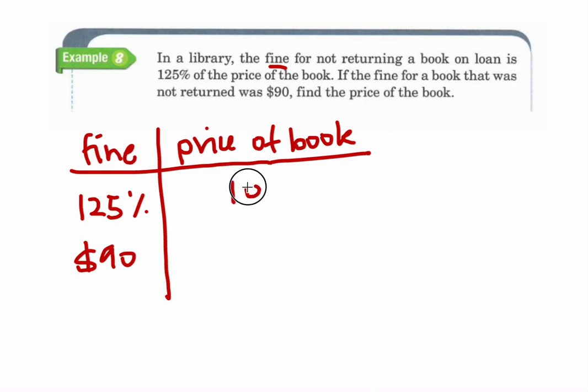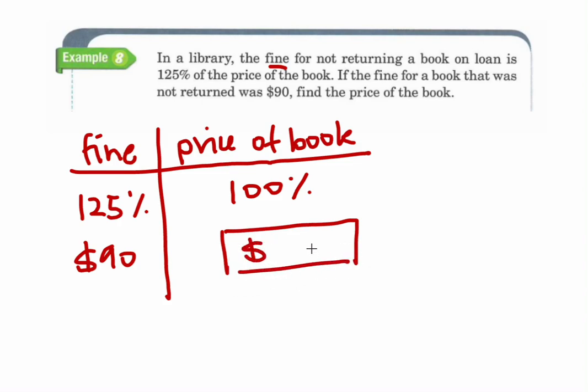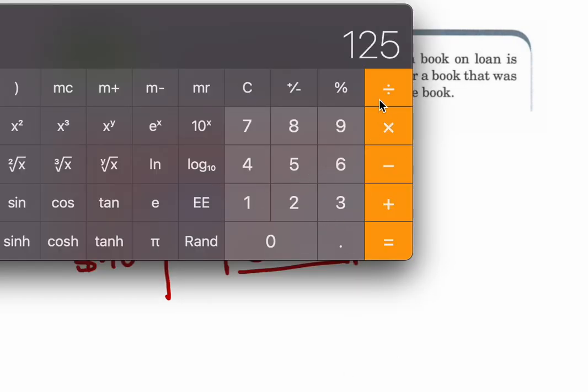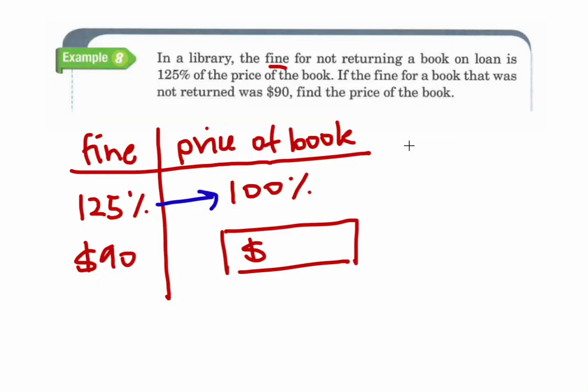Well, we know the price of the book is going to be 100%. Remember, the 100% is always a given, but we don't know the actual dollar amount for the price of the book. So we are going to look for patterns like before. If I need to get from 125 to 100%, I can take 125 and divide by 100, and that would be 1.25.